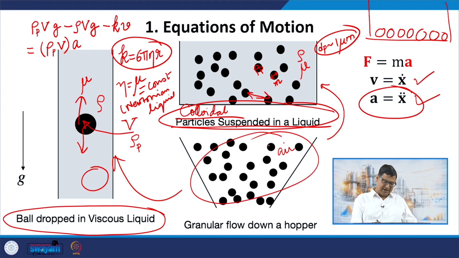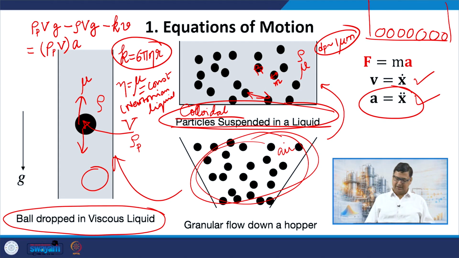So, now here again we can write an equation of motion, and what is more important here, which was probably not that important in the other two cases, is how often these particles collide with the other particles.